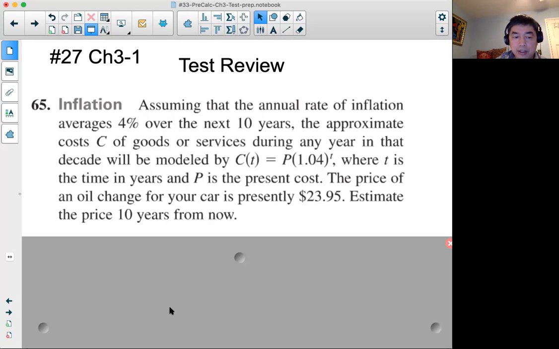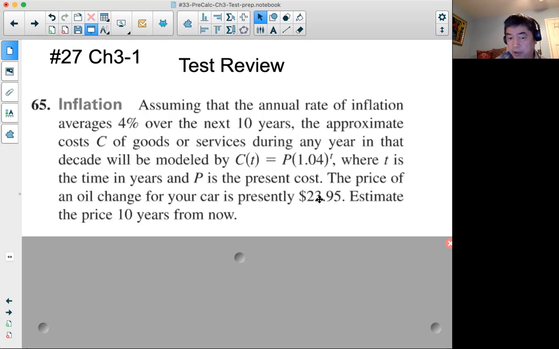Okay, and the price of an oil change for your car is presently $23.95. This might be like 20 years ago. I used to pay this price in my local area, which is Culver City.